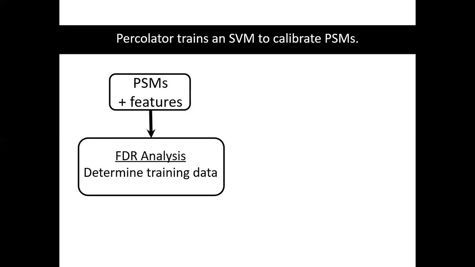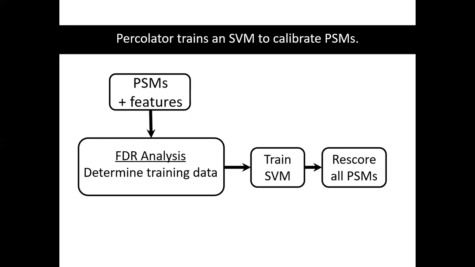These highly confident PSMs are assigned positive labels, and all other PSMs are assigned negative labels. A linear SVM is then trained to distinguish between positive and negatively labeled PSMs. Finally, all PSMs are rescored using the learned decision boundary in the previous step. And this process is repeated.